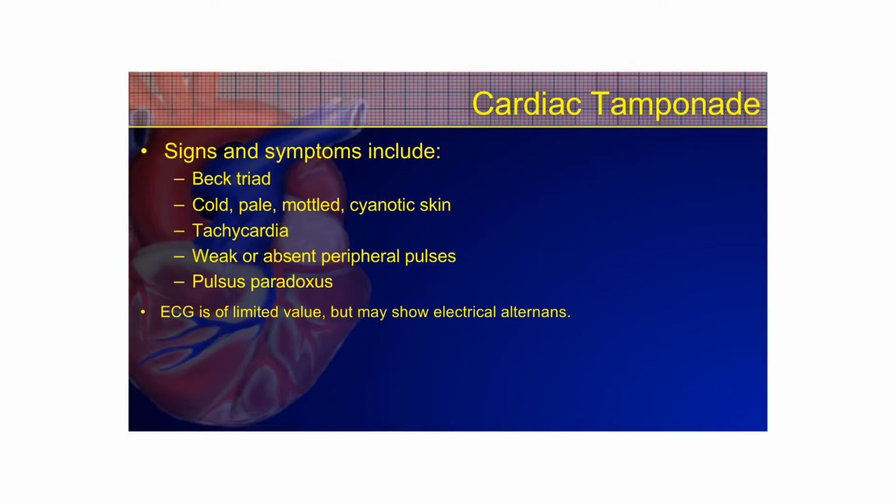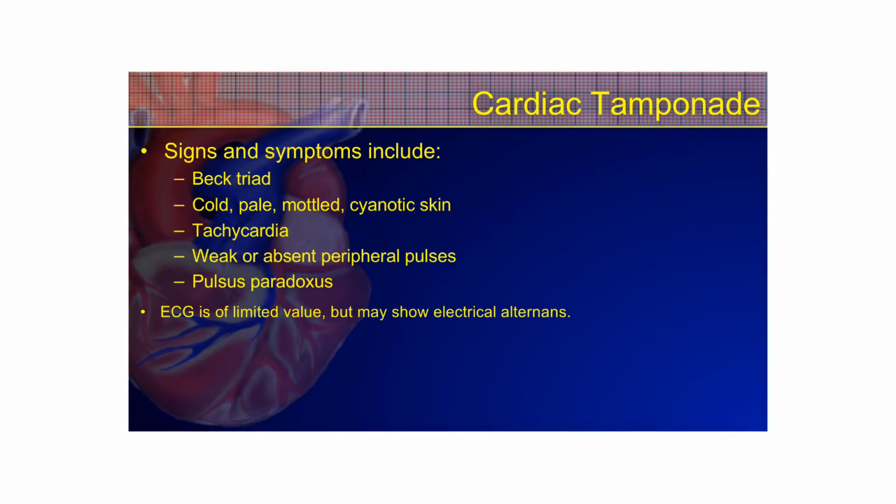We explain JVD because of the backup of blood flow, and hypotension because if you back up blood flow, you're not able to fill the heart as well, of course. And so cardiac output is going to be low, so the blood pressure is going to go down. And then muffled heart sounds simply because there's a buildup of fluid around the heart, so there's a barrier when it comes to auscultating the heart sounds.